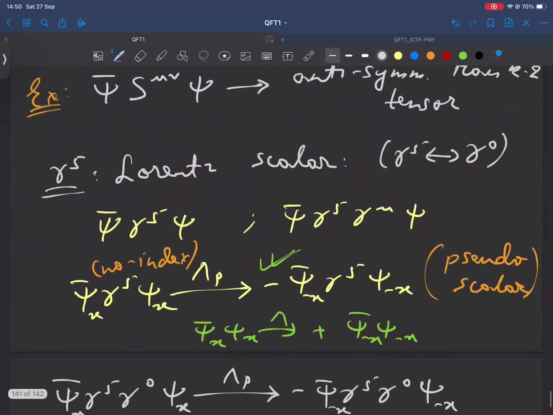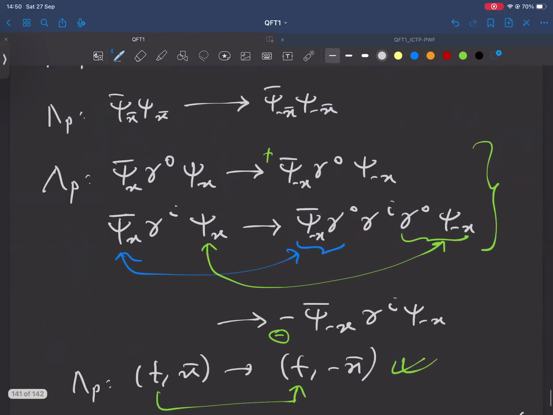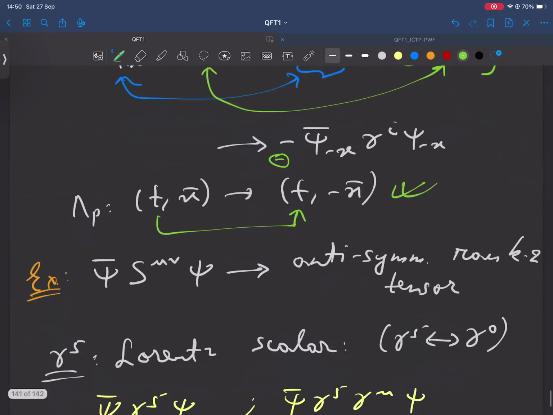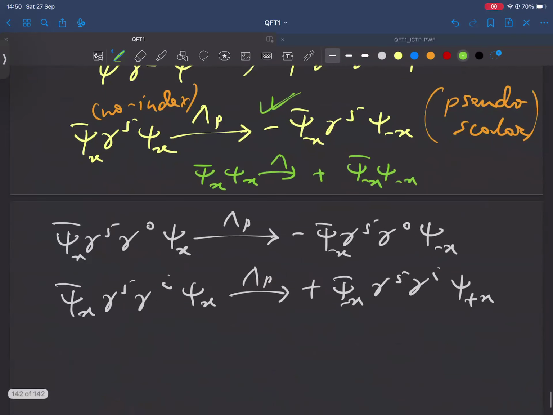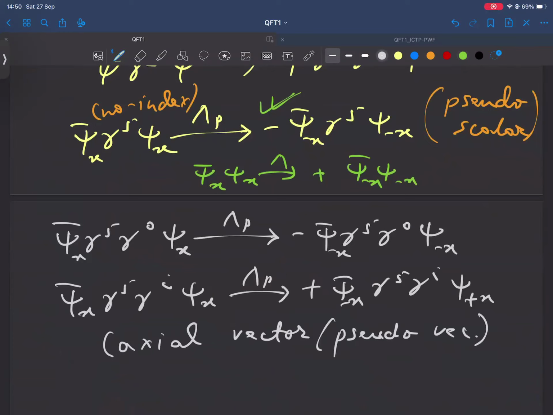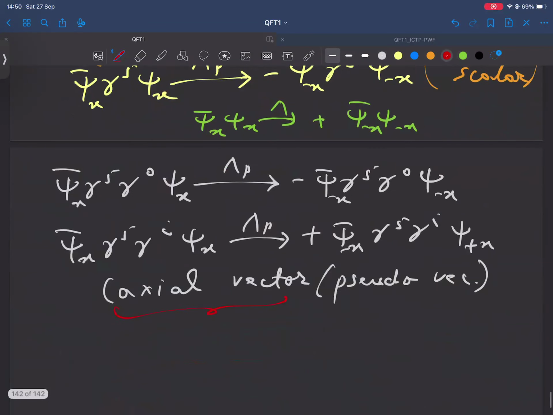So this is opposite to how the vector transforms under parity, and also how the coordinate vector transforms. Hence you can call it a pseudo vector, but it's also called an axial vector. In textbooks, you will find this nomenclature. The reason is that time and space transform oppositely to how an actual vector, or the coordinate vector, transforms under parity.